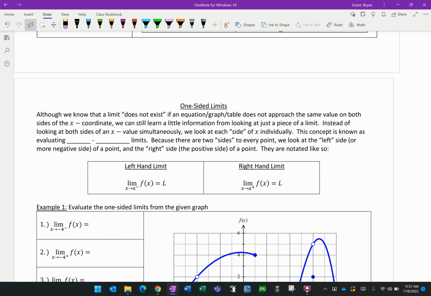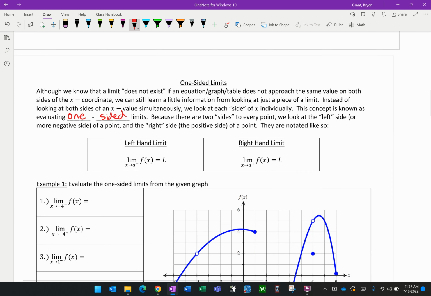So instead of looking at both sides of an x value simultaneously, we look at each side of the x individually. This concept is known as evaluating one-sided limits. Because there are two sides to every point, we look at the left side or the negative side of a point, and the right side or the positive side of the point separately.